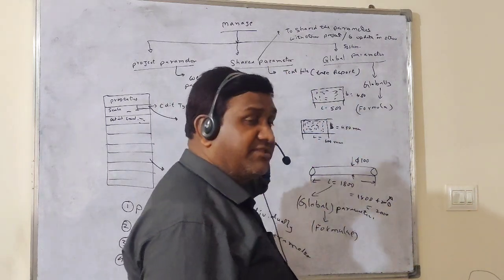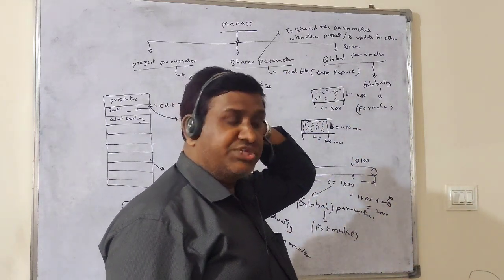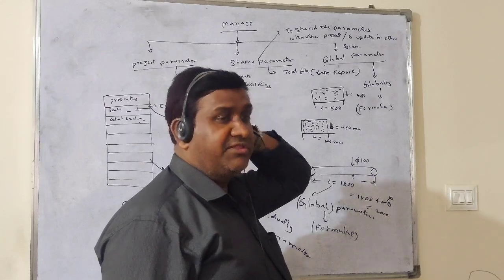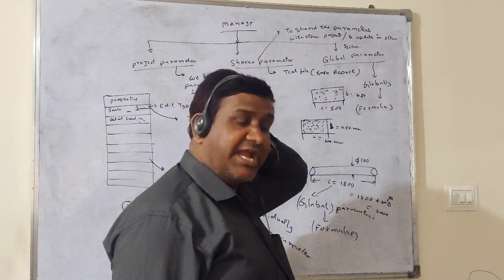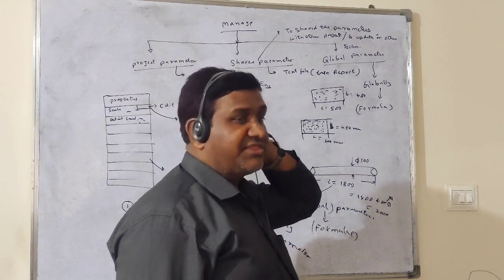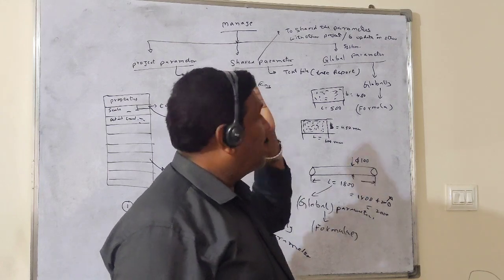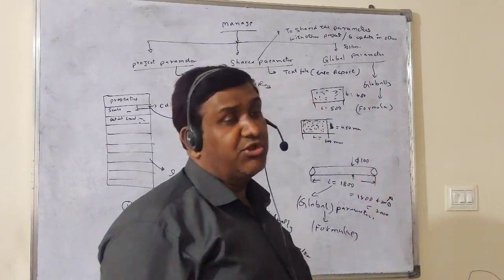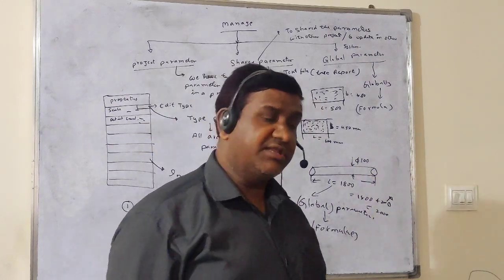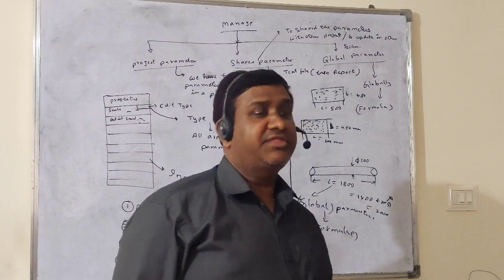Global parameters are totally related to shared parameters and project parameters, because whatever you have given for the shared and project parameters is updated for the global. Global does not require a new parameter. If you want to create a new one also, it is updated the same.